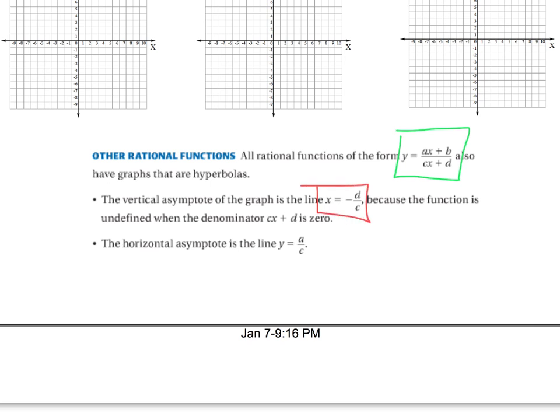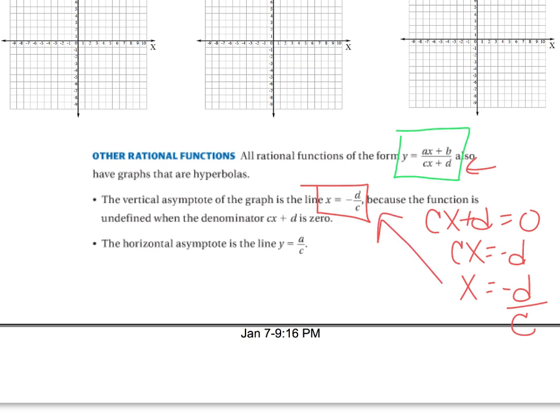But what they're saying is, if you took this denominator and set it equal to 0 and solved it for x, that would give you what x cannot be. And now I would divide by c, and this is where they're coming up with this formula right here. So it's not really a formula. What I recommend is that you just set the denominator equal to 0, and whatever value of x comes out is your vertical asymptote.